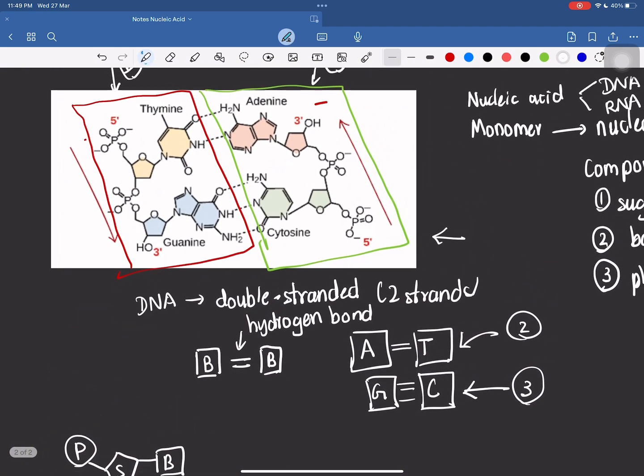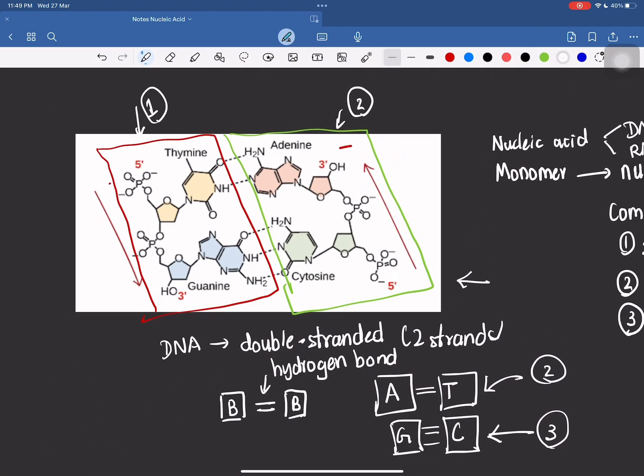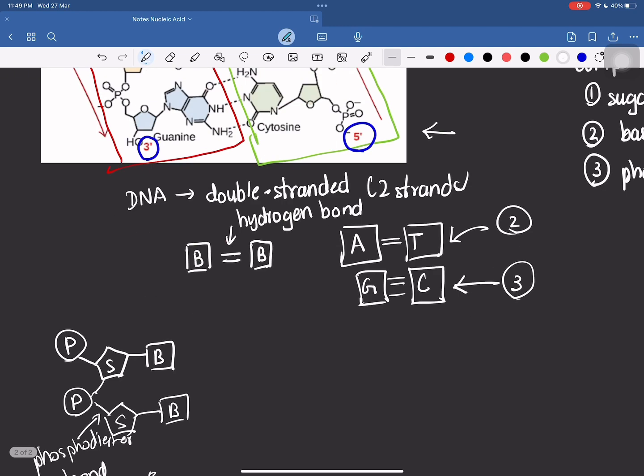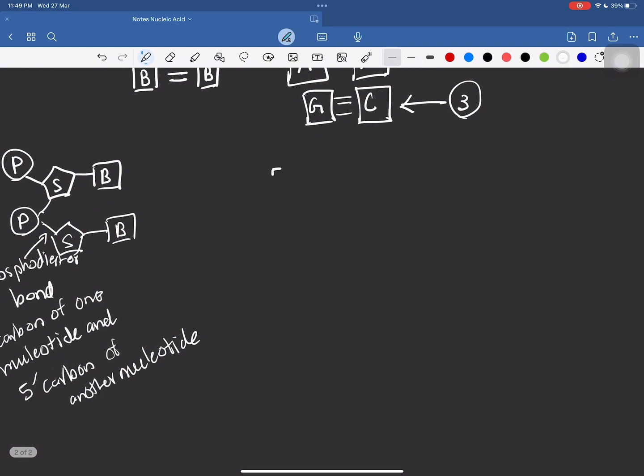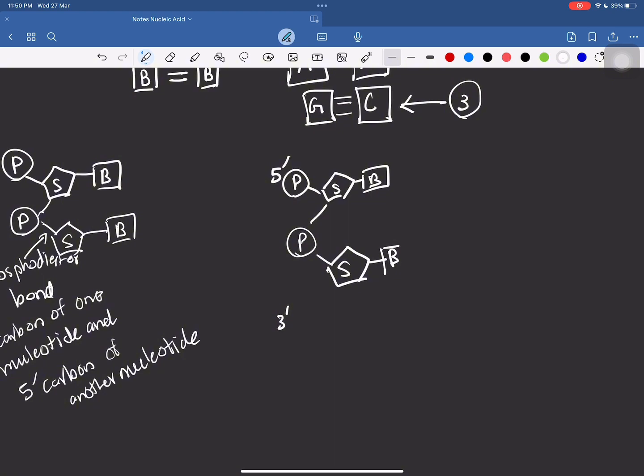Moving back to here. You guys can see here is 5', 3'. Here is 3' to 5'. So one strand is in the 5' to 3' direction, so it will be like this. Correct?